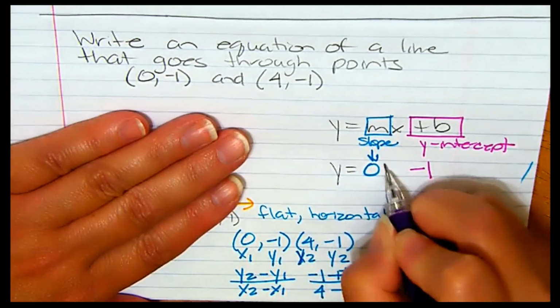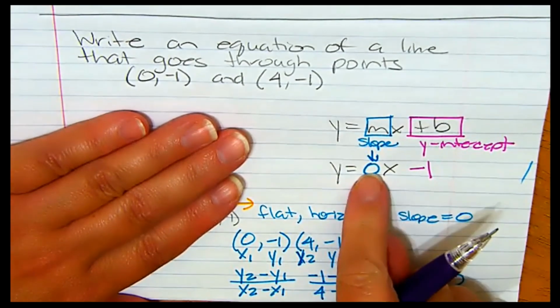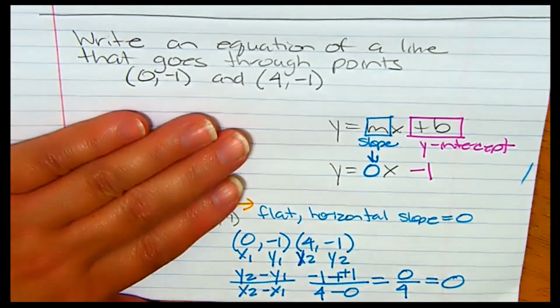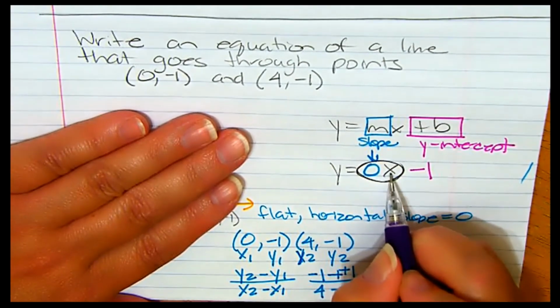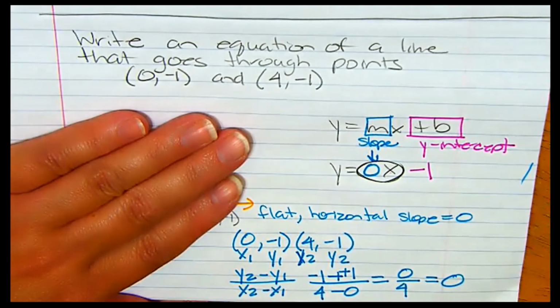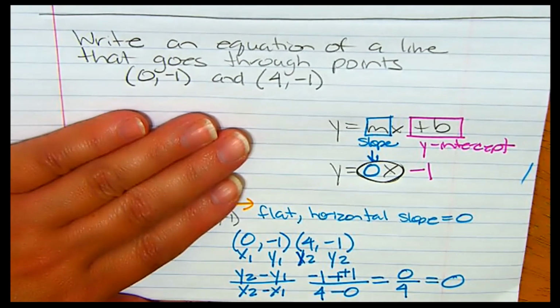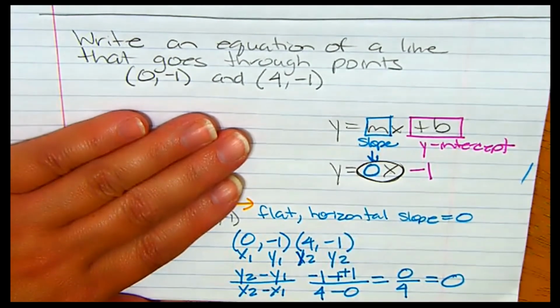So now I can just fill everything in. y equals 0x minus 1. This 0x looks very odd. Anything times 0 is 0. We do not use 0 as a coefficient.